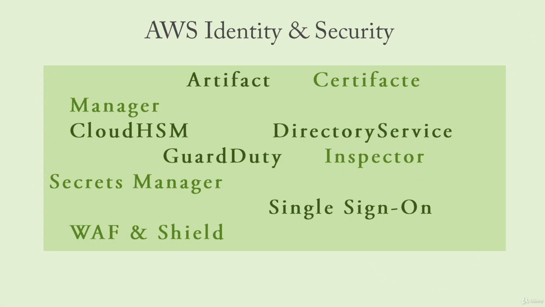We have Artifact, Certificate Manager, CloudHSM, Directory Service, GuardDuty, Inspector, Secrets Manager, Single Sign-On, and WAF and Shield. We have these services at our hand, and we could use these services to secure our applications on the cloud.